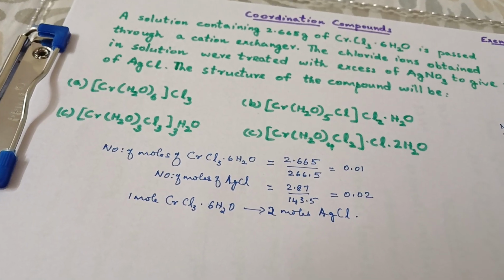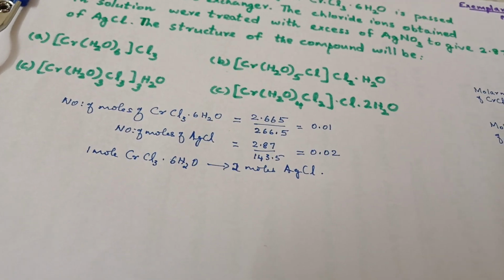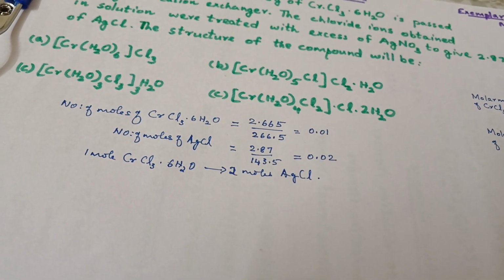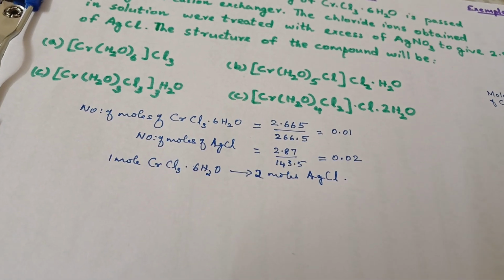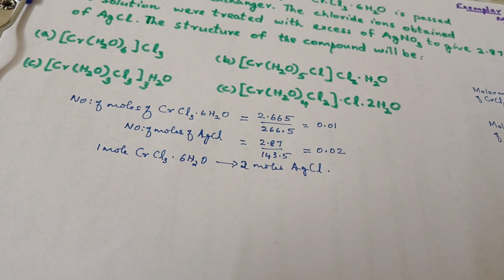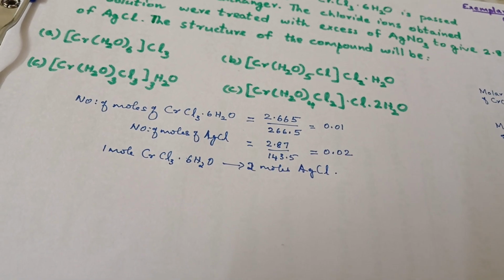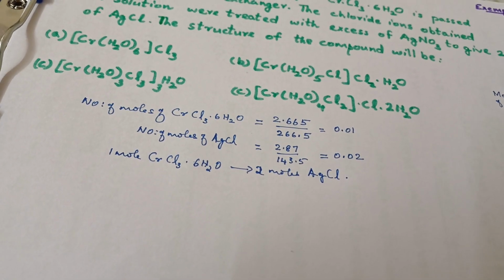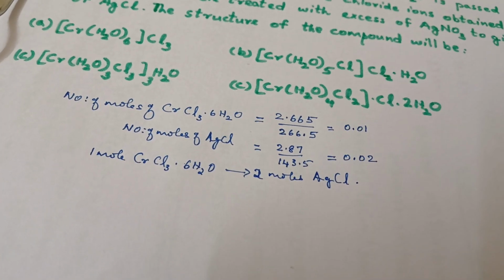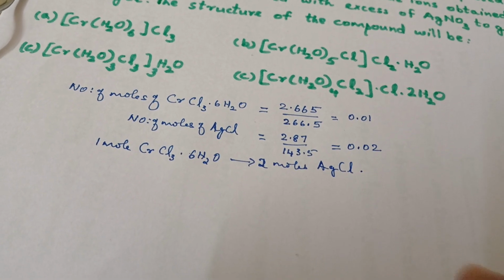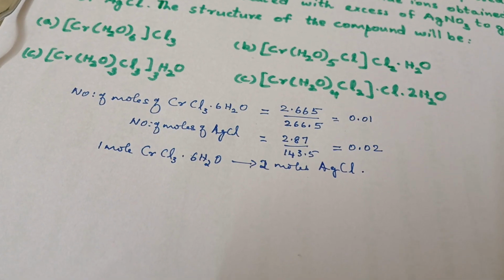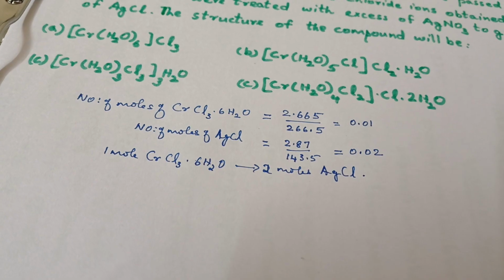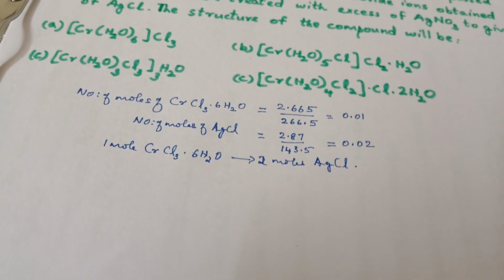That means there are only 2 chloride ions outside the coordination sphere. Only the chloride ions outside the coordination sphere will react with AgNO3. So out of the 3 chloride ions, 2 are outside the coordination sphere and 1 is inside the coordination sphere.